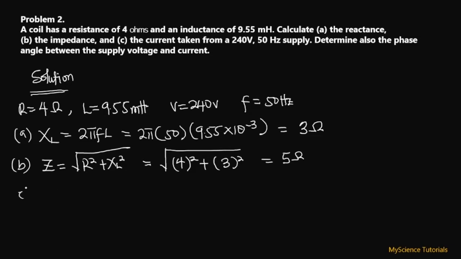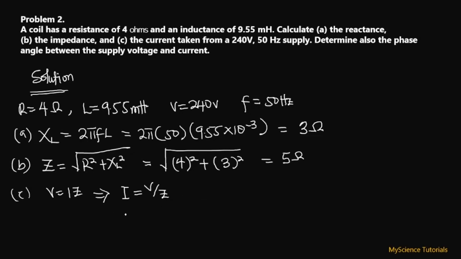Part C of the question is demanding we find the current in this particular circuit. So we know voltage is equal to current multiplied by the impedance. This implies that our current is equal to the ratio of voltage to the impedance.